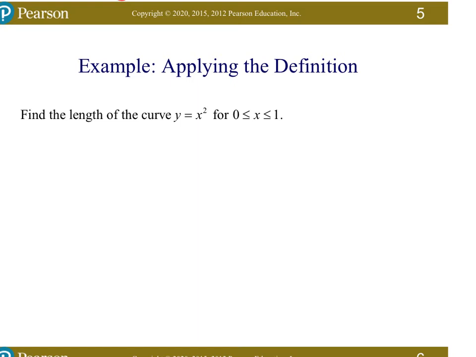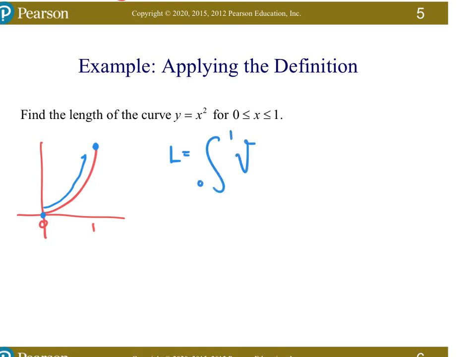So let's apply it to this parabola. This parabola is going from 0 to 1, and we want to find out how long it is from a to b. The length of this curve would be the integral from 0 to 1 of the square root of 1 plus the derivative, 2x, squared, dx.